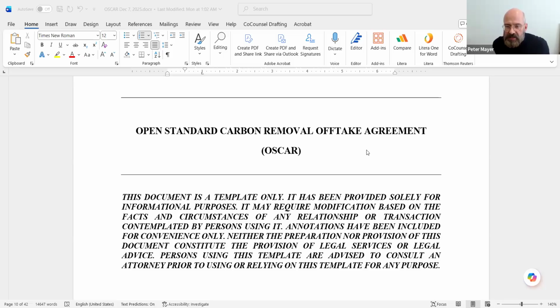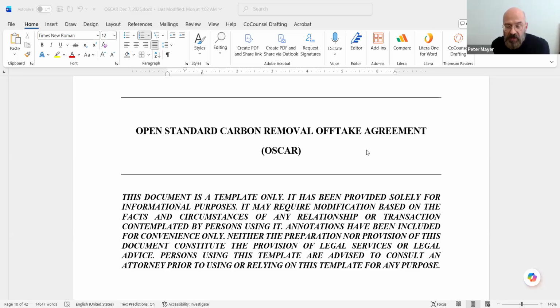So this is a baseline where people can start from. Suppliers can use it, buyers can use it, intermediaries can use it. In each of those scenarios, it may be appropriate to make adjustments.